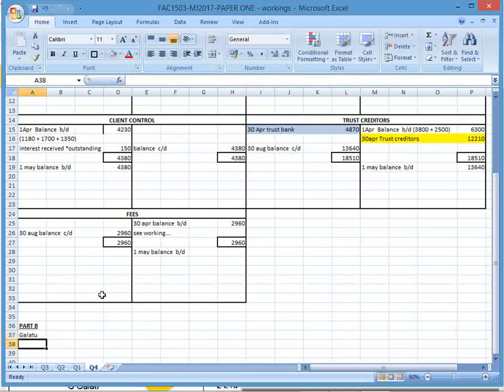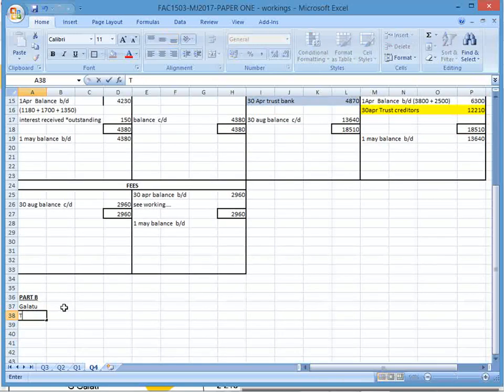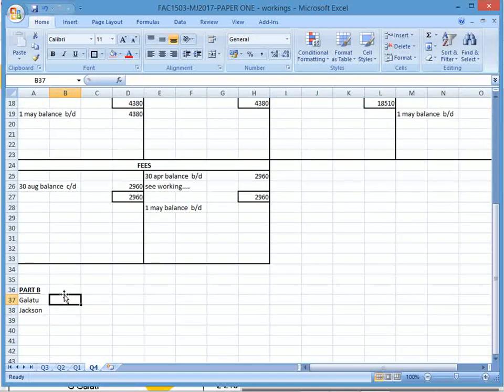How are we analyzing trust creditors? Okay, trust creditors analysis. Currently their balances are, maybe let's do it this way. Balance at the beginning of the year to start off. So what did G start with?